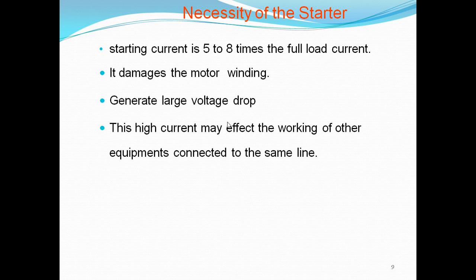Suppose you switch on the motor and it draws more current at the time of starting. It flows through the winding, and because of this high current the winding will be spoiled. It will burn. And not only the motor, the other motors connected to the same bus bar will also be affected.